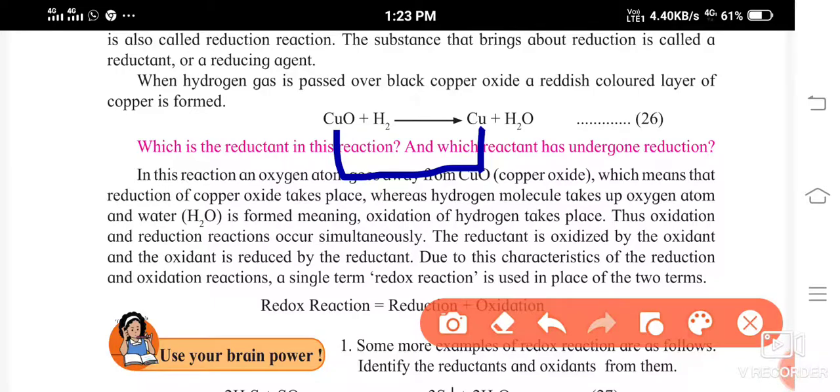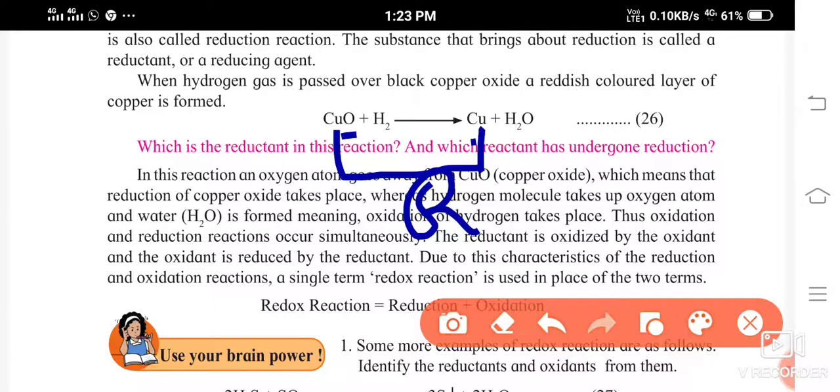Oxygen is lost during the formation of the product copper, isn't it? So this cupric oxide has lost oxygen during the formation of copper. So what type of reaction is this? If it has lost oxygen, it is a reduction reaction.